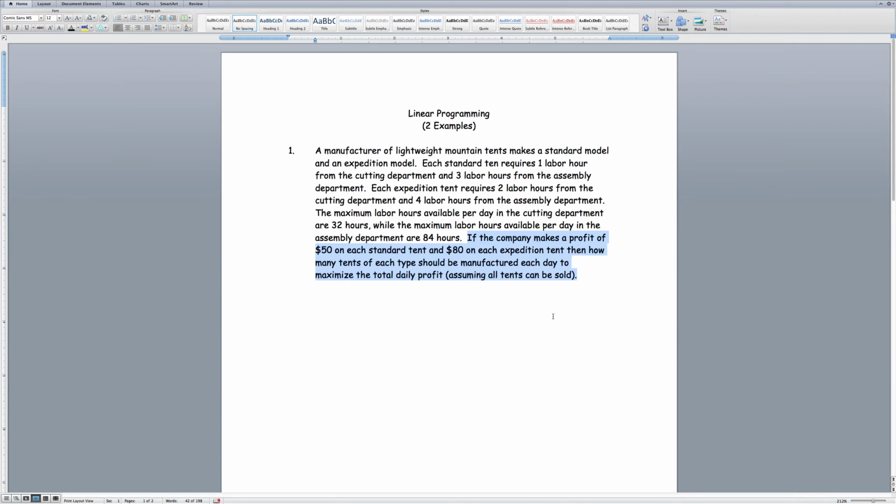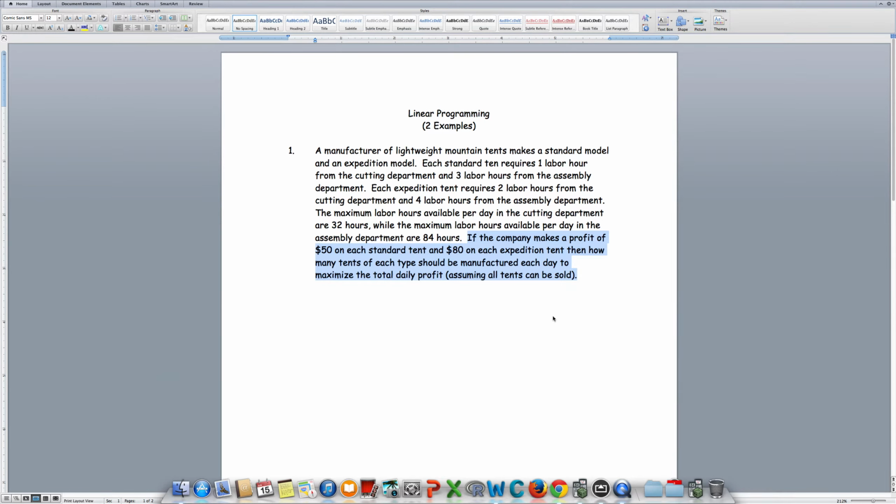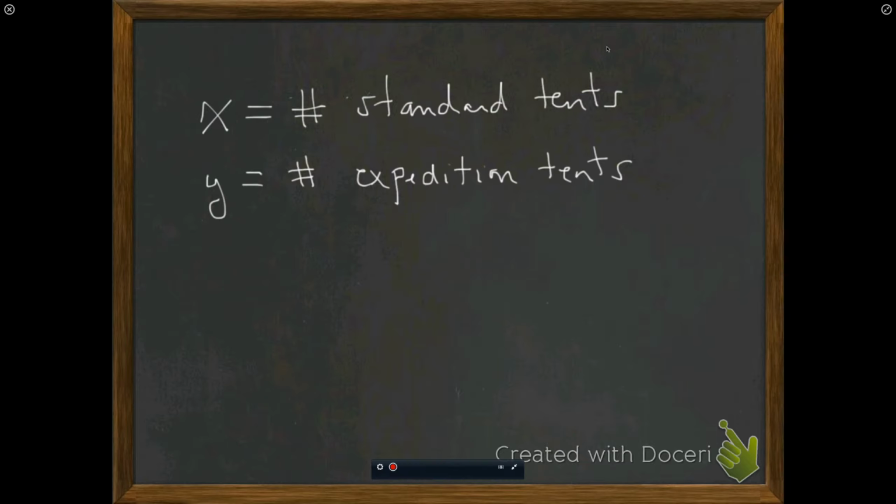So the first thing I'm going to do is I'm going to set X to be the number of standard tents, and I'm going to set Y to be equal to the number of expedition tents. Okay, so let me show you what I'm doing over here. I just set this up, okay?